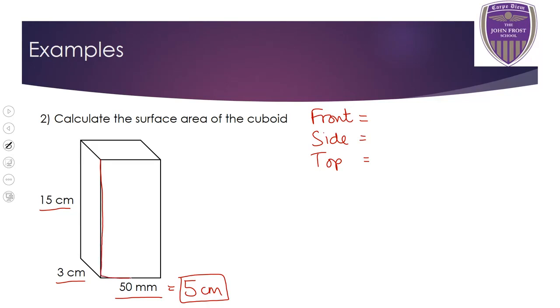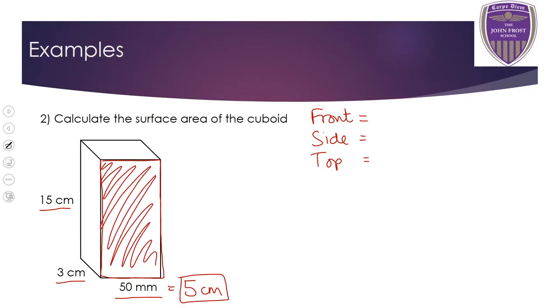So the front is this front rectangle here that I'm shading in red, look. All right, so length times width is 5 times by 15. Okay, 5 times 10 is 50, 5 times 5 is 25, add them together, it's 75 centimeters squared this time.